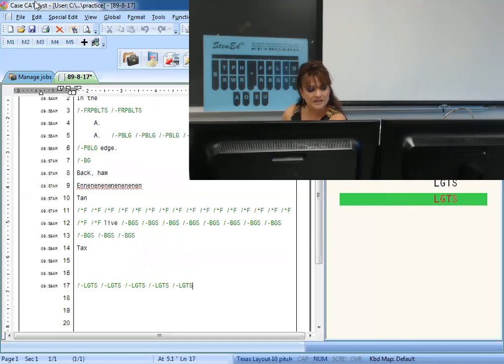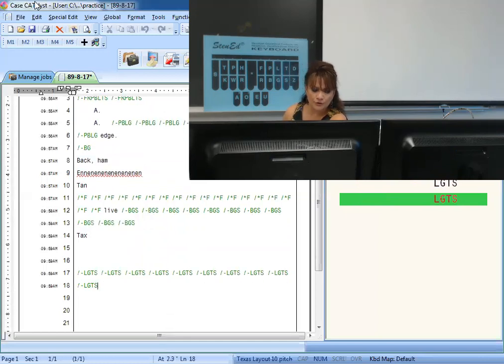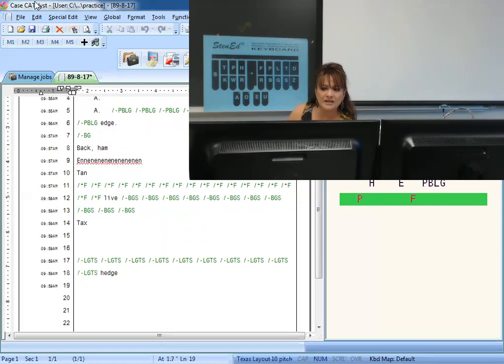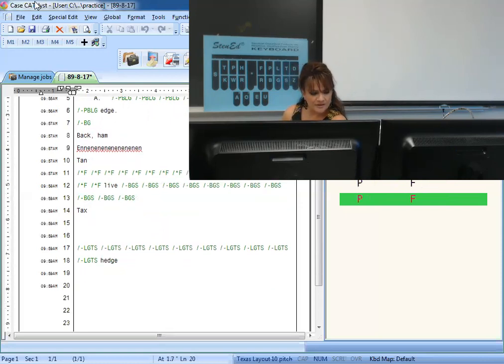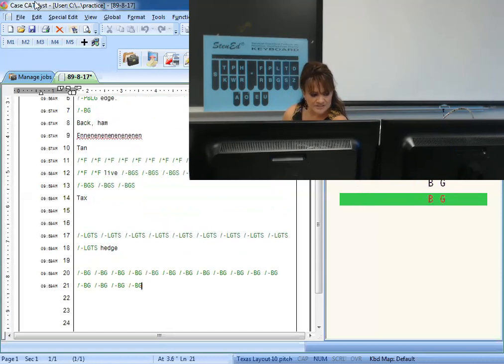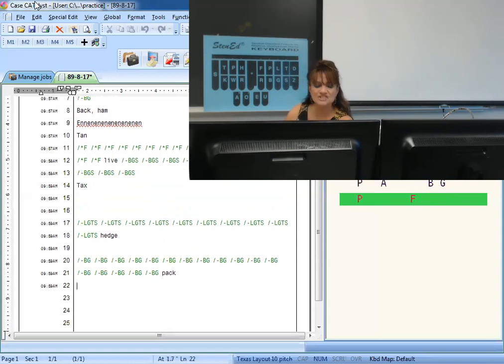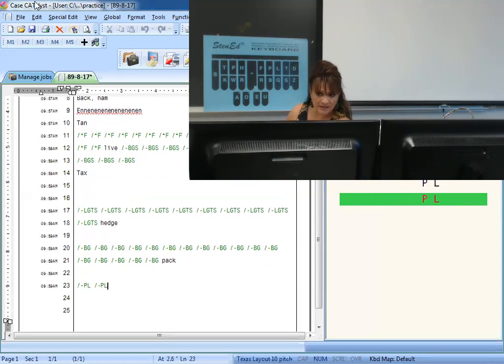Final J is PBLG. So like the word, I'm trying to come up with words. Hedge, HEPBLG, hedge. K is BG, just BG, that's your final K sound. So for example, the word pack, let's pack, PABG. Final M is PL.